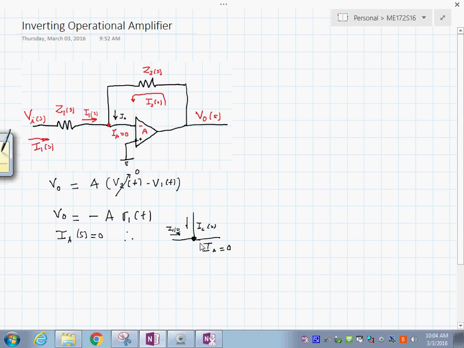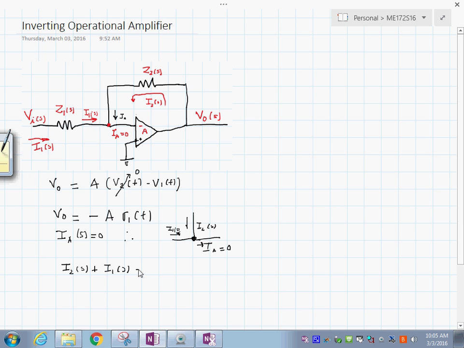Therefore, you can conclude that I1 of S is equal to minus I sub 2, right? Because that's what comes out of this summation.